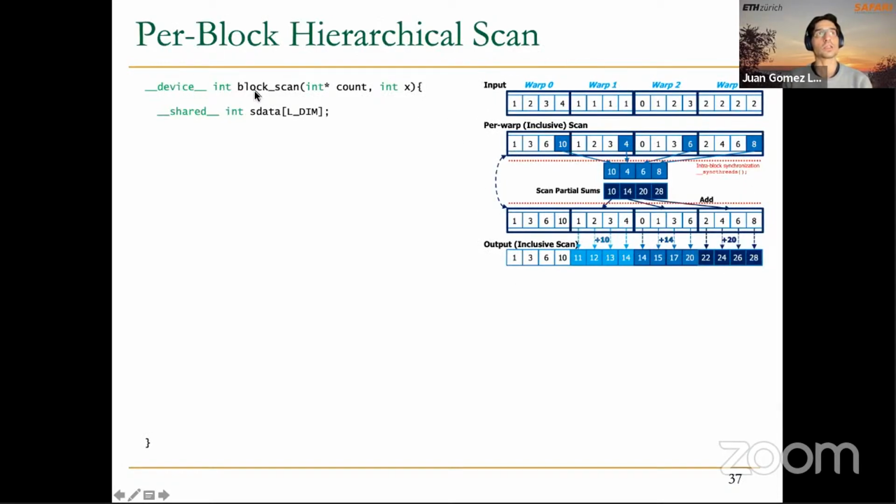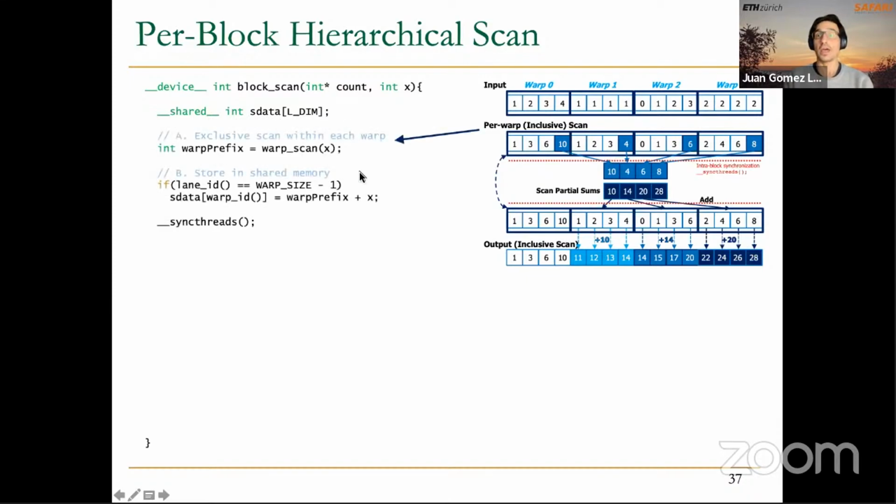We start this block scan function by declaring some shared memory space, this S data, and the first thing is to execute the per-warp inclusive scan. So all the threads in each warp call this warp scan function that we defined in the previous slide.